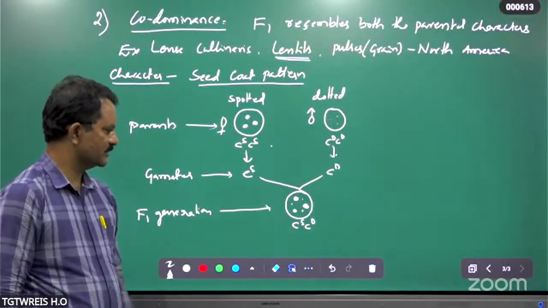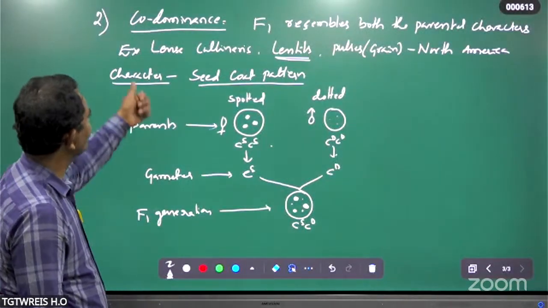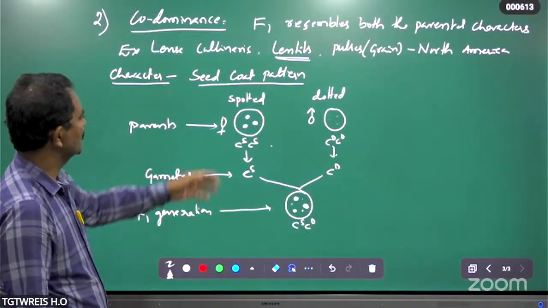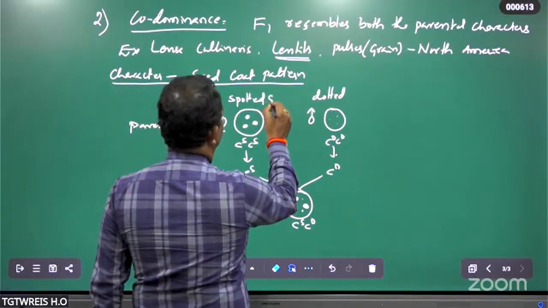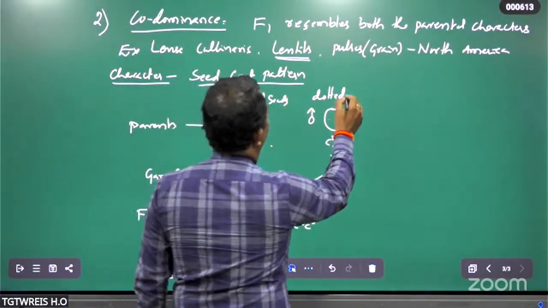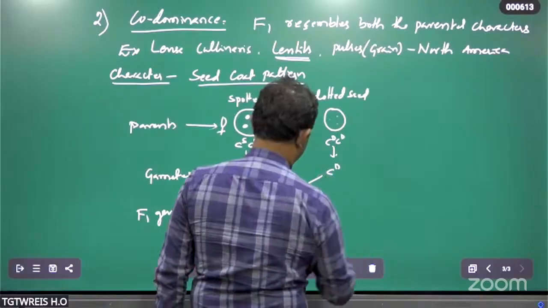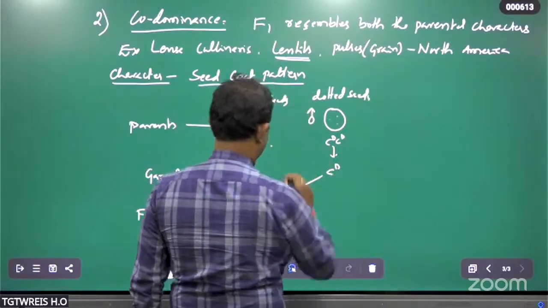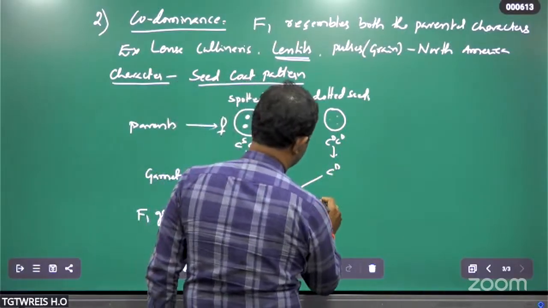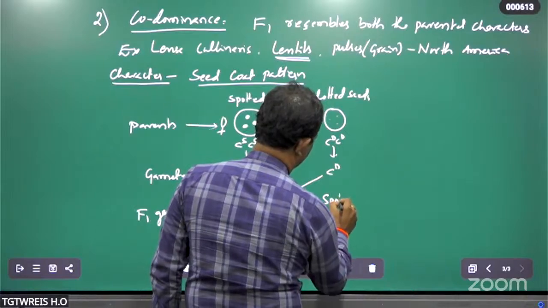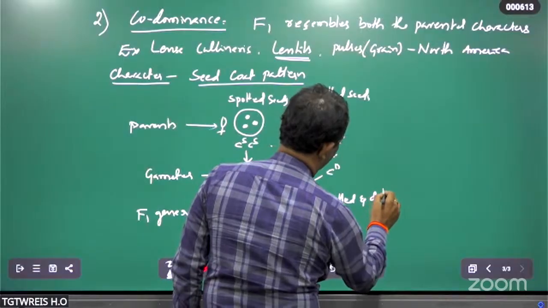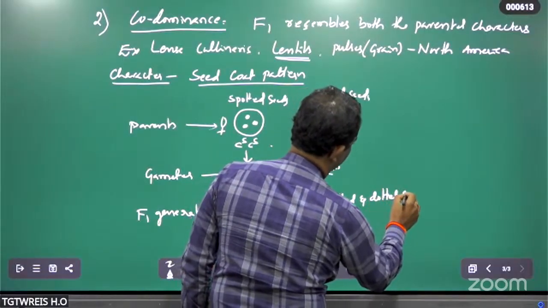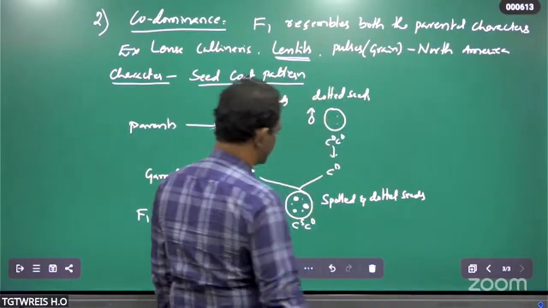The F1 generation shows both the parental characters. What are the parental characters? The spotted seeds and the dotted seeds. Right. So it is spotted and dotted seeds.